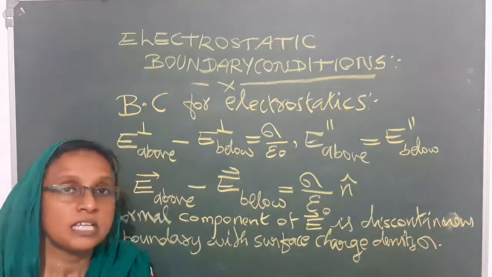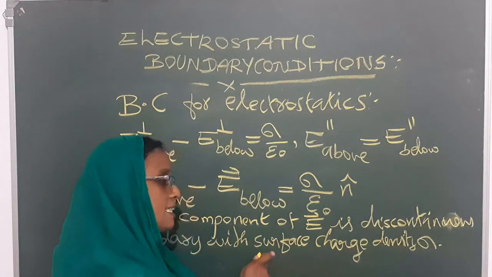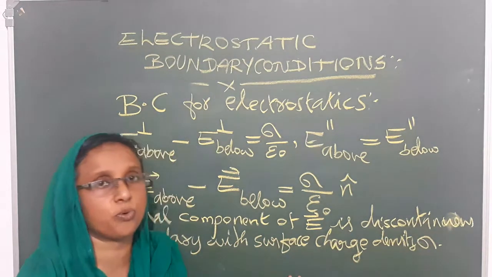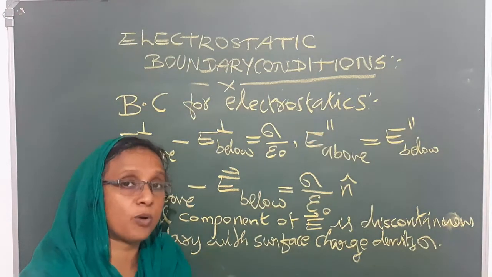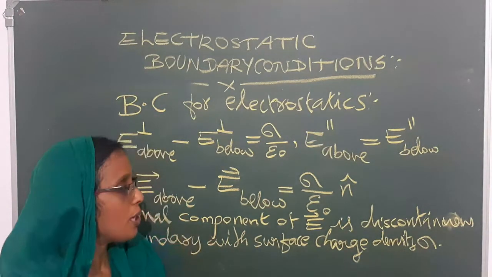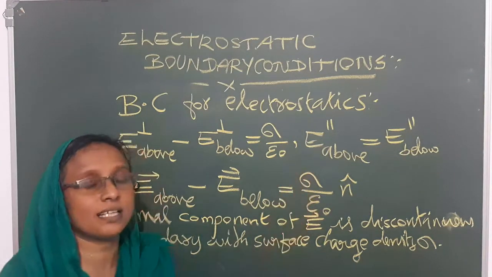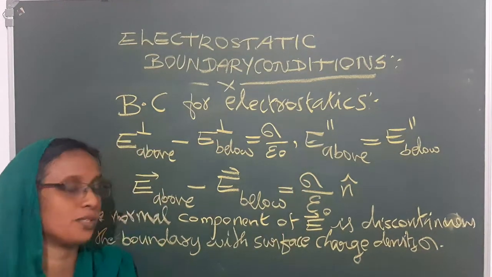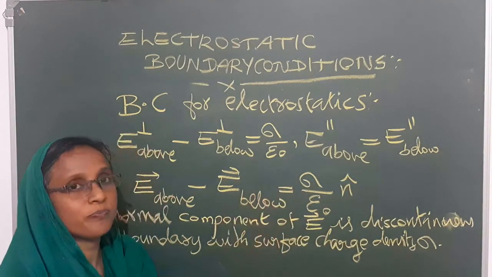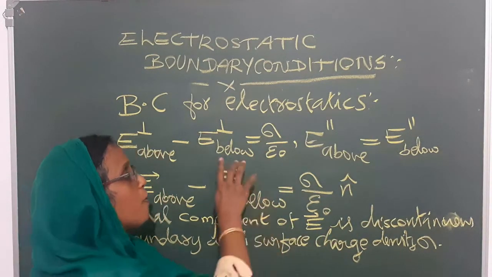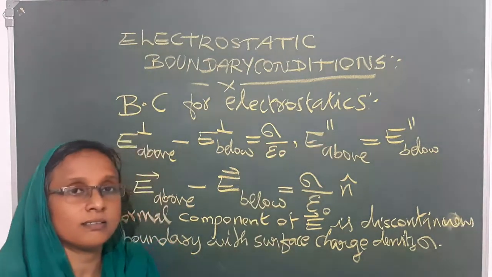If the surface charge density at the boundary is 0, then the electric field is continuous. Remember that also. If sigma is 0, in that case both components are continuous.